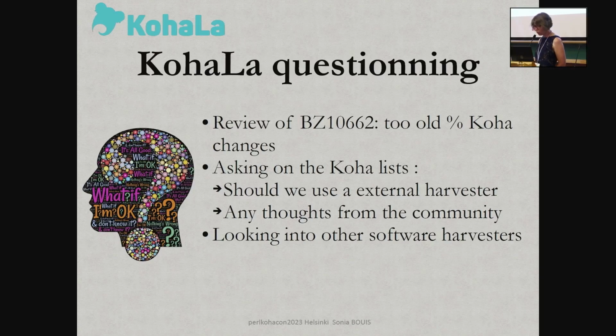We asked BibLibre to review this patch, but in fact, it was too old, because Koha evolved a lot in 10 years, and now the code lines are too old to be integrated in Koha. So it was a better idea to start from scratch to implement the harvester.